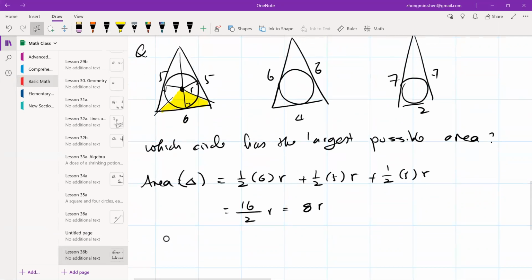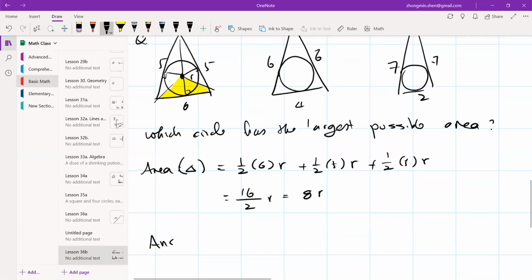So the answer is this triangle. This triangle has the largest possible area among the 3.